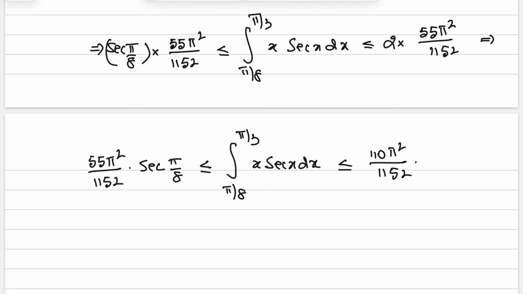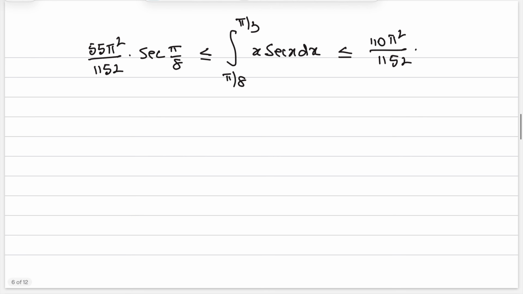Now, just see, 55 pi square by 1152. Pi square is nothing but 22 square by 7 square divided by 1152.